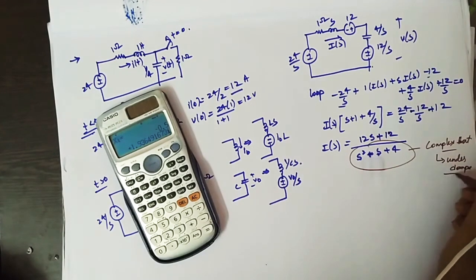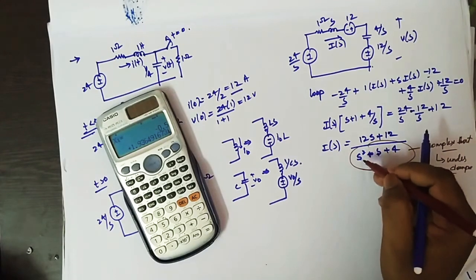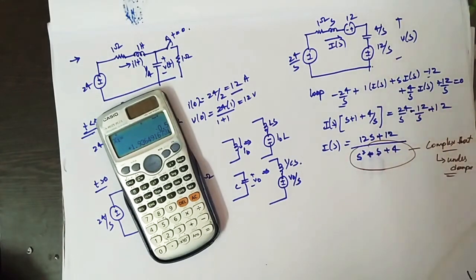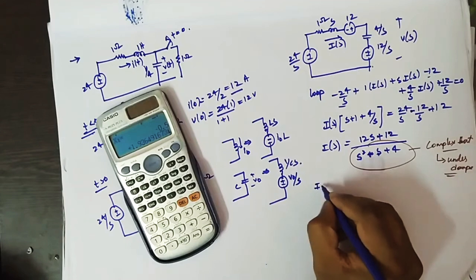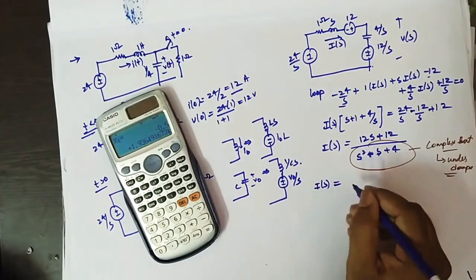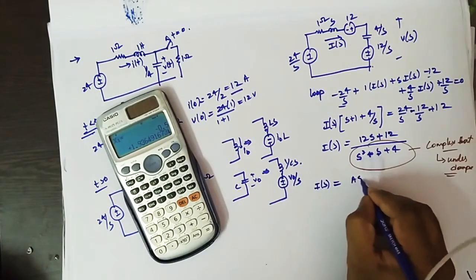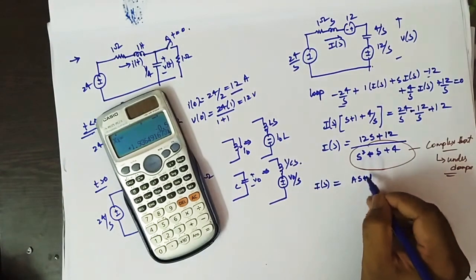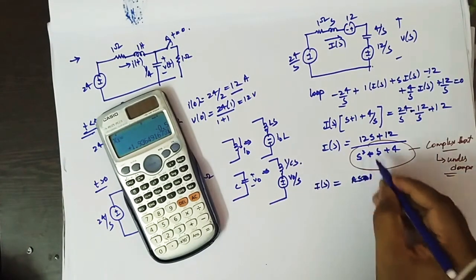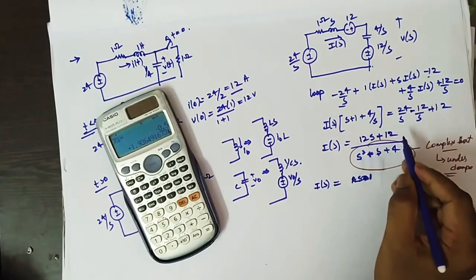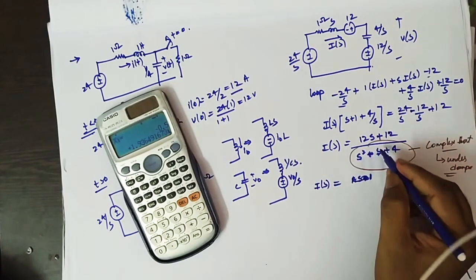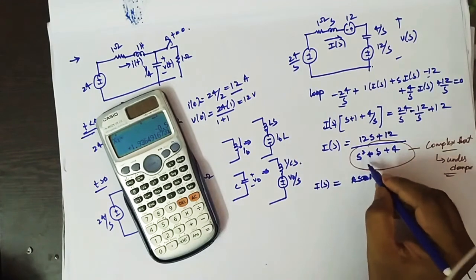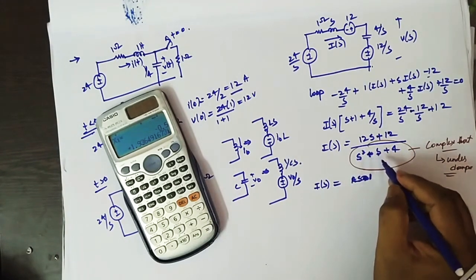Now to take the inverse Laplace of this function, we draw the system as partial fractions. We have the system as As plus B by this form, so it is already in the As plus B format. Now how we'll solve is we'll solve this denominator.